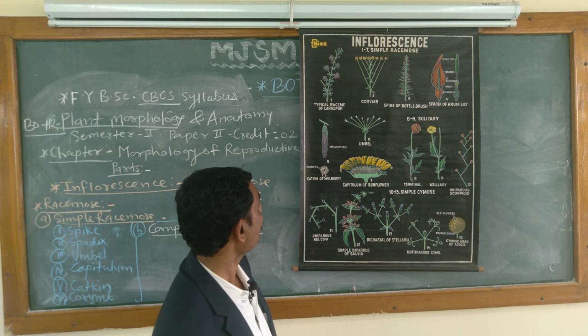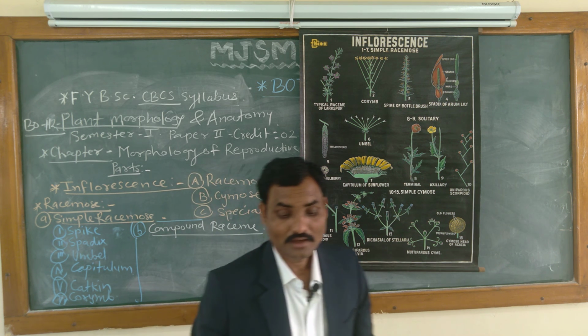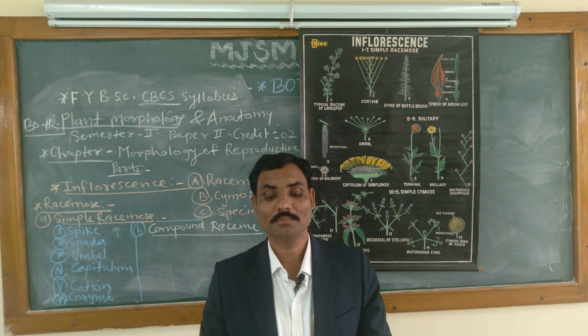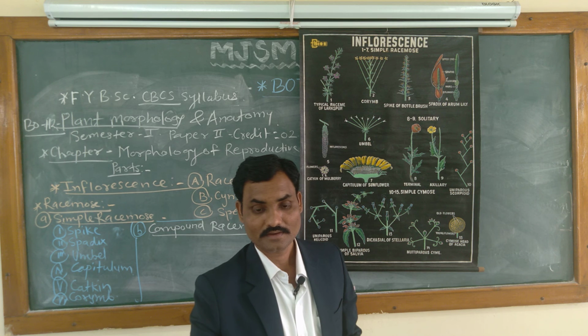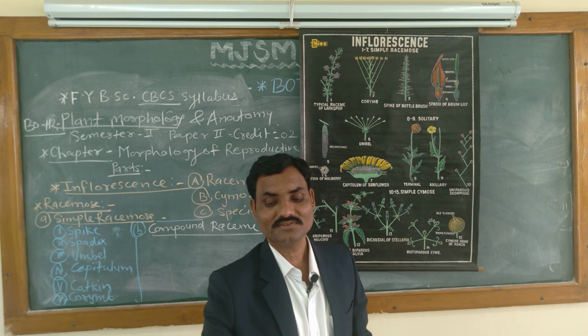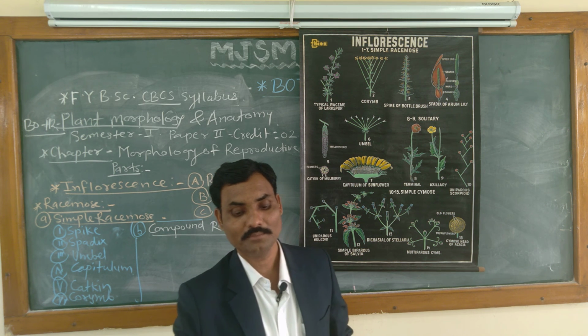That is a corymb inflorescence. Candytuft or Iberis is an example of this corymb inflorescence, and Crataegus is another example.